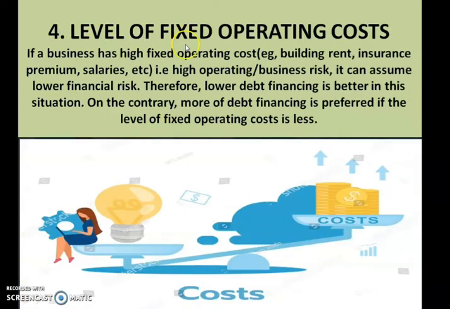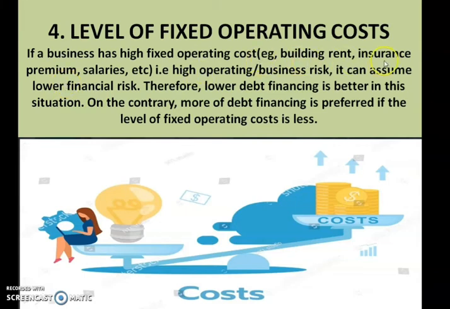Next is the level of fixed operating cost. See children, in any type of business, there are different types of operating costs related to that business. For example, suppose you are operating your business where you have to pay the building rent every month, and you have to pay salary to your staff, and if the number of staff is more, the salary amount is more. And you have to pay insurance premium on your business.